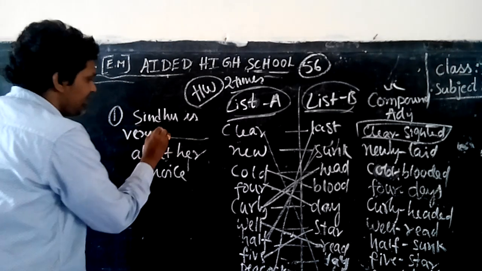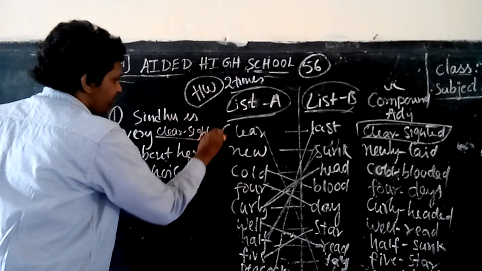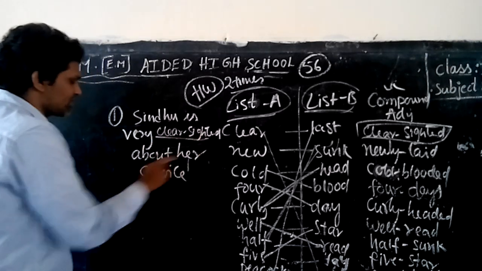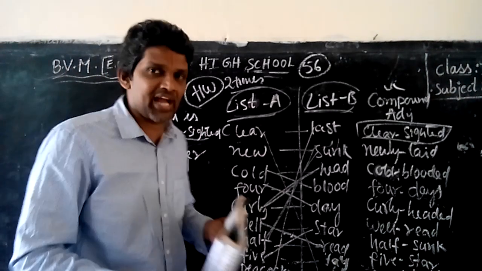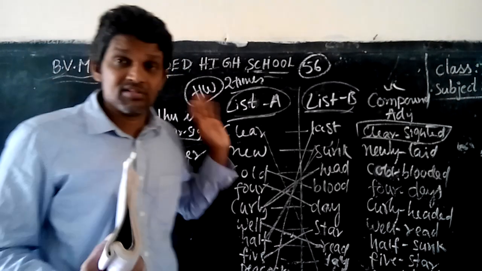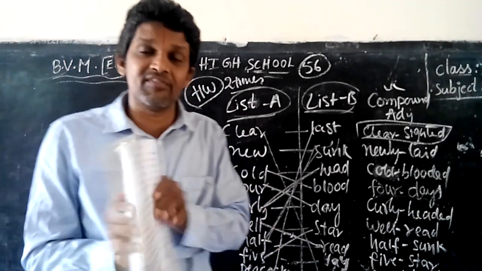Sindhu is very clear-sighted. Sindhu is very clear-sighted about her choice. She is very, very clear. She is having a perfect idea about her choice. So this is the right one. So what will be the right choice for the remaining ones?